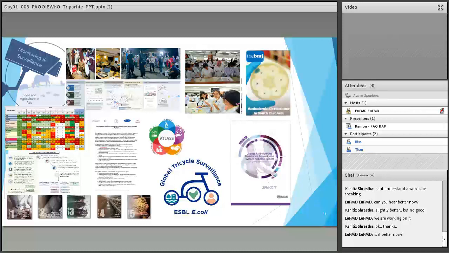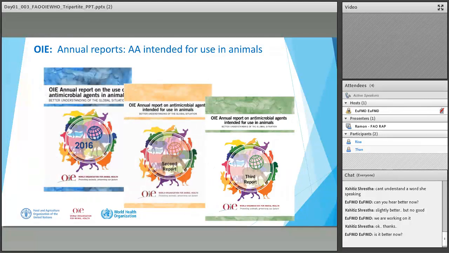I may not be able to explain all these tools, but this is a support for you to go back to the websites and check the available tools and guidelines to do antimicrobial surveillance, maybe AMU surveillance, and AMR surveillance, reporting, all these things.